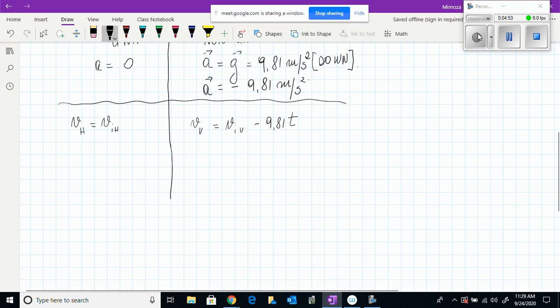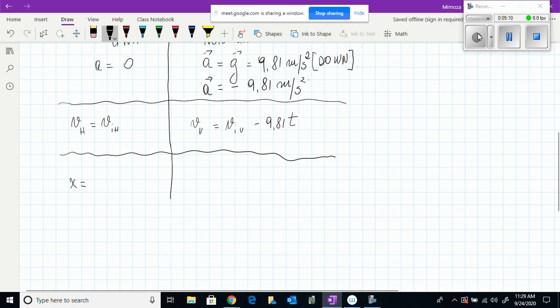So the first quantity is acceleration, then velocity, and the third one is displacement.